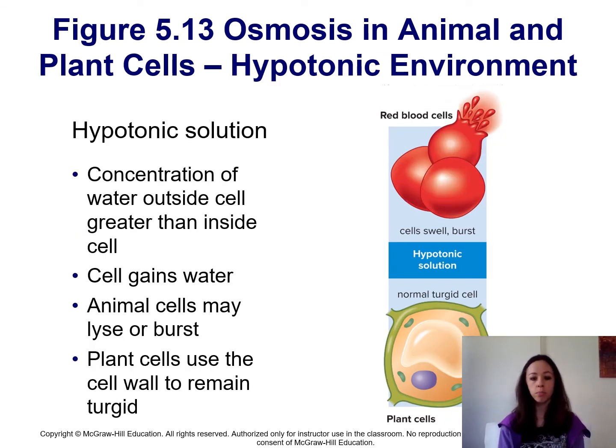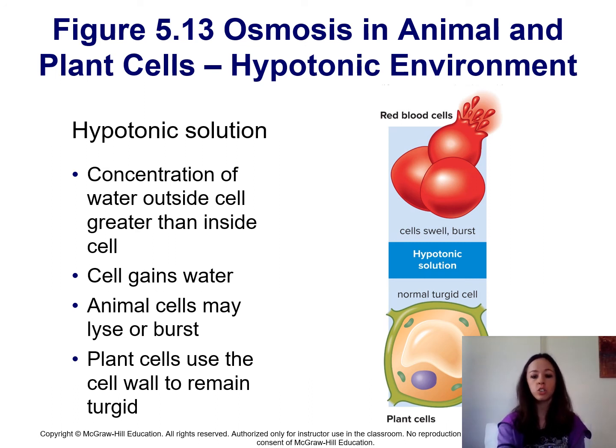If the animal or plant cells were to be placed in a solution that has less solute in it, then it will have a tendency to swell because the water will rush from the outside of the cell to the inside of the cell. This type of solution is called a hypotonic solution.